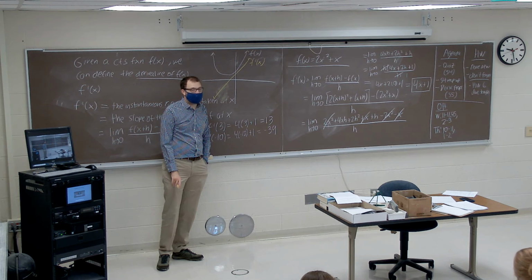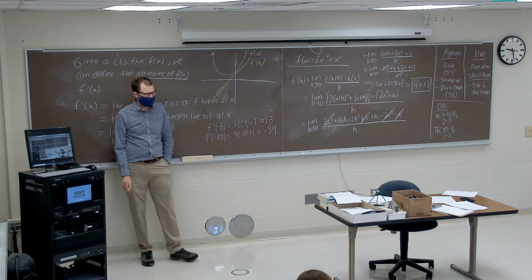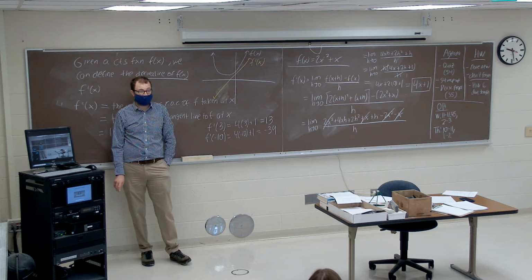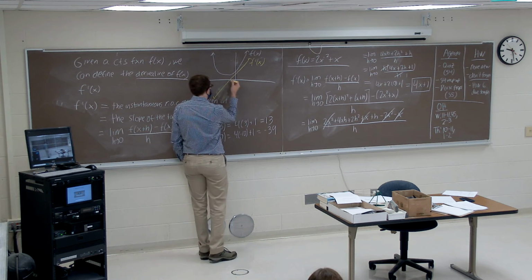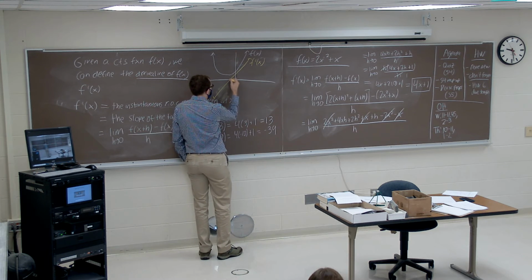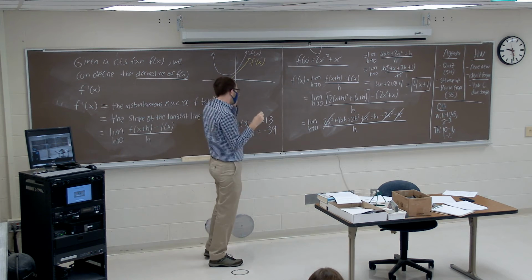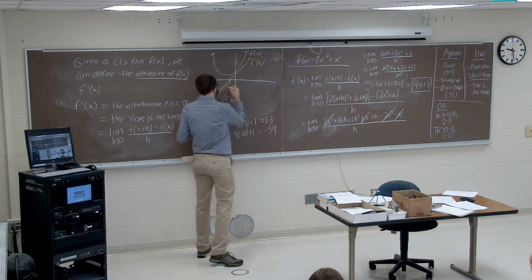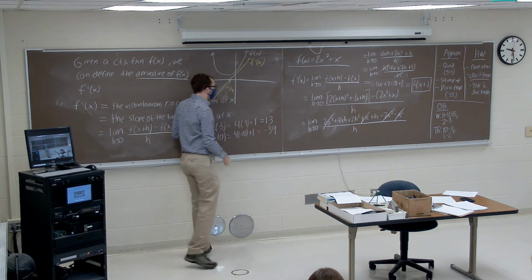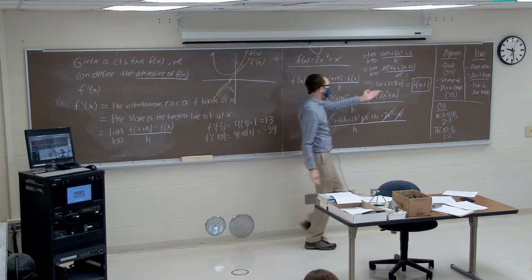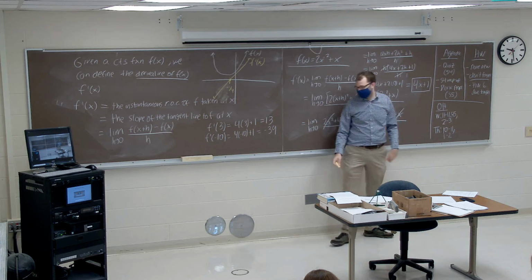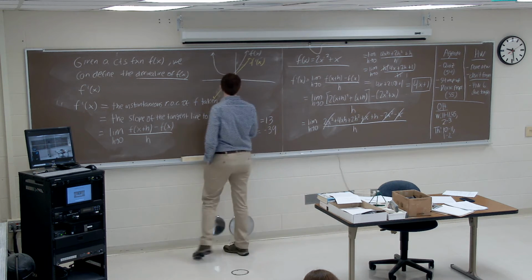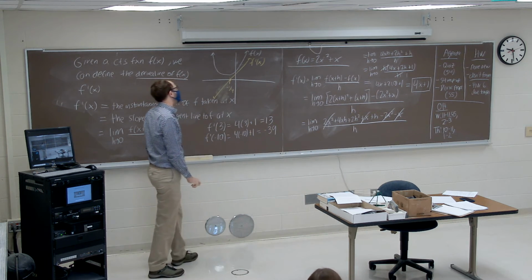Let's pause for a moment and see what observations we can make about our function f of x versus f prime of x. Specifically, if we were to look at this value of x right here, where f prime of x equals 0, that's going to be at x equals negative a fourth, because if I plug in negative 1/4 for x, this will come out to 0. What do you notice about f of x at this point?